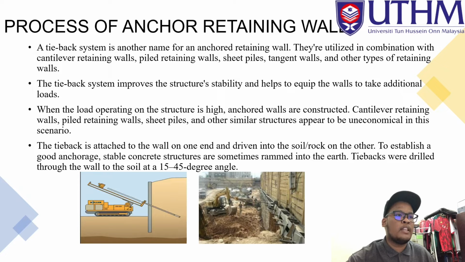The tieback is attached to the wall on one end and driven into the soil or rock on the other to establish a good anchorage. Stable concrete structures are sometimes rammed in, or the tieback holes are drilled through the wall into the soil at a 45-degree angle, as we can see from the picture below.